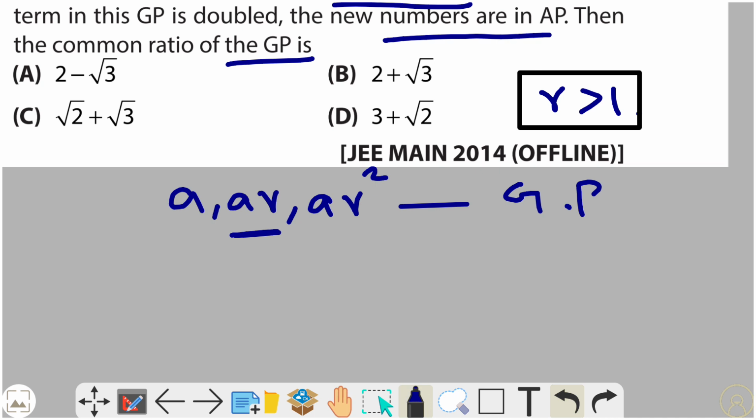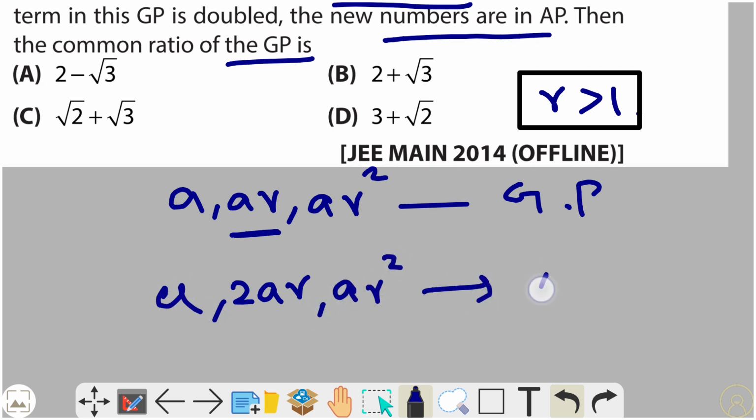If I double the middle term, I'll get a new series that is in AP.